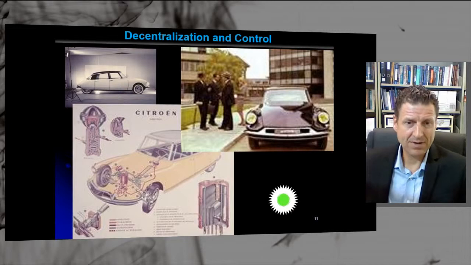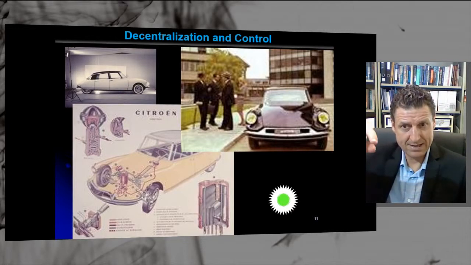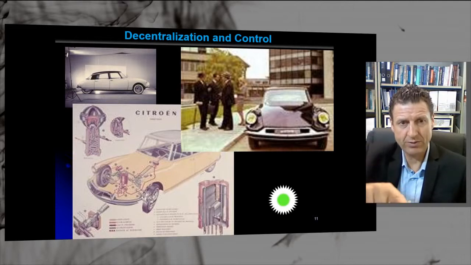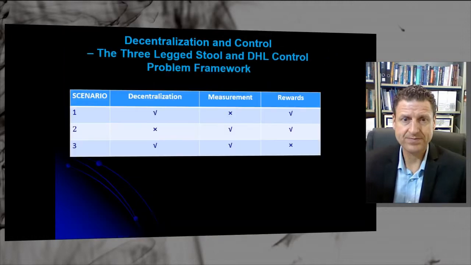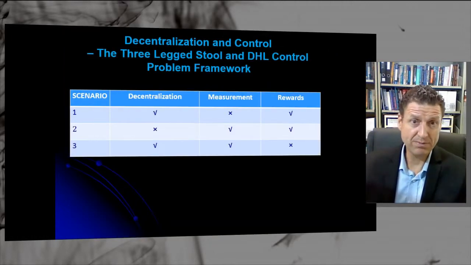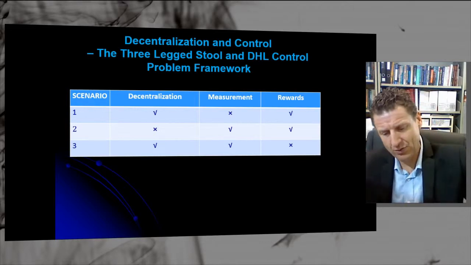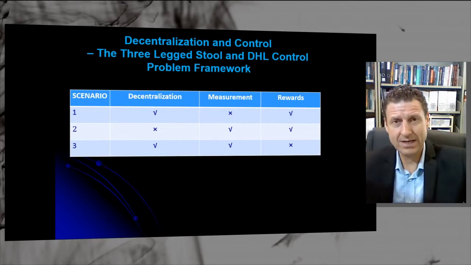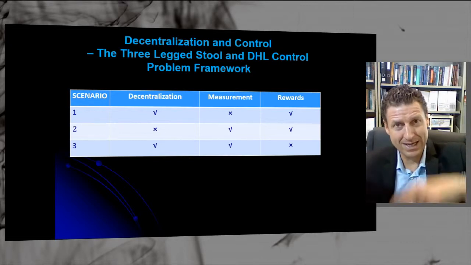But let's just think about this balance between the three wheels of the car. This is the only car in the world where you can take the rear wheel off and drive around on three wheels. So we want to have that balance between decentralization, measurement, and rewards, and we call it a three-legged stool. Have you ever sat on a stool and found that it overbalanced? No, the three legs are always the same length.